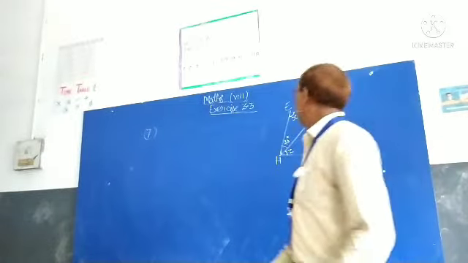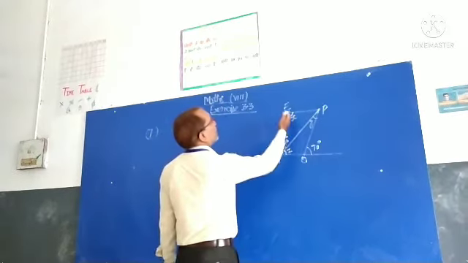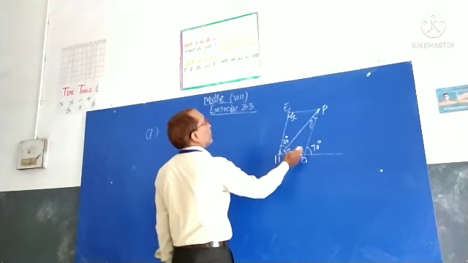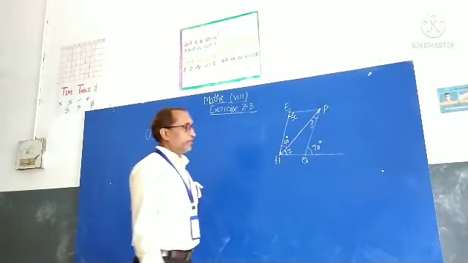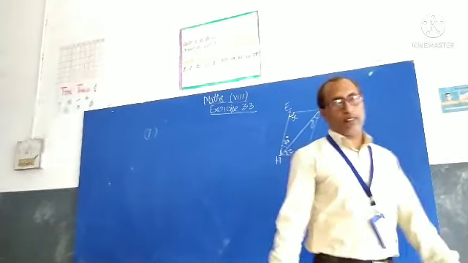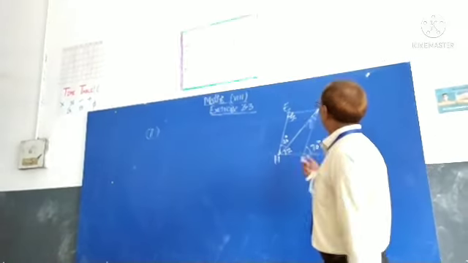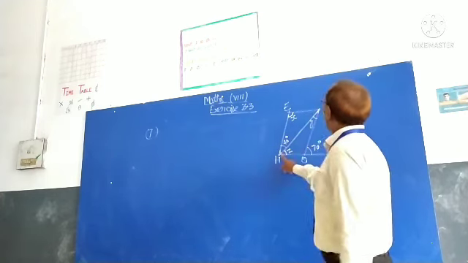First of all, you find x. Then in this parallelogram HOPE, O and E are the opposite angles. Their measures are equal by the property of parallelogram. This means first of all you find out angle HOP.